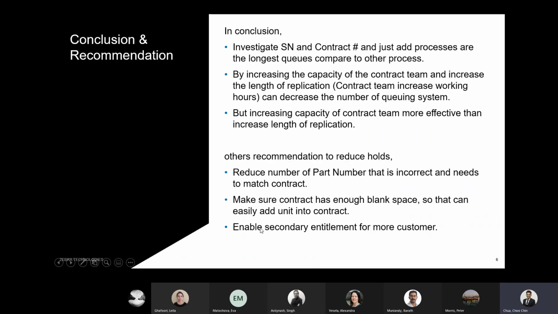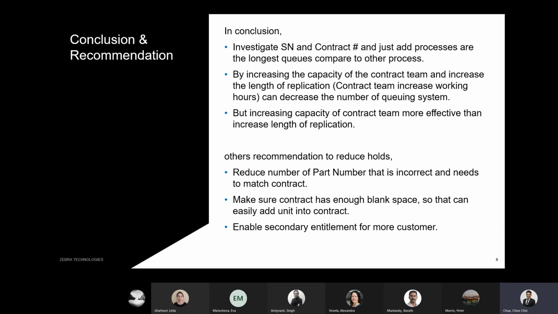So in conclusion, we investigated the serial number and just added process, which has the longest queue compared with other processes. By increasing the capacity of the contract teams and the length of the replications, we can reduce the number of queuing in the system.